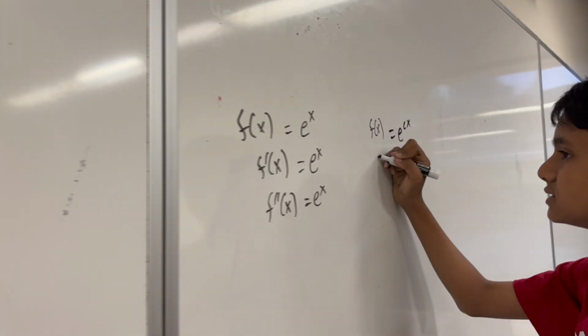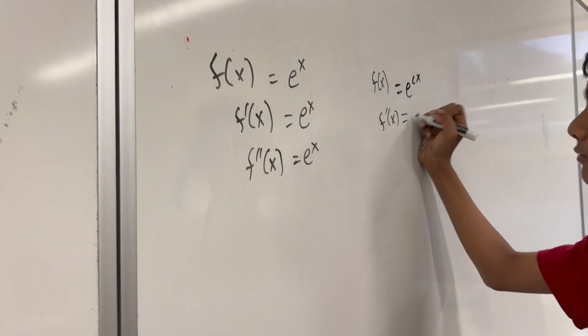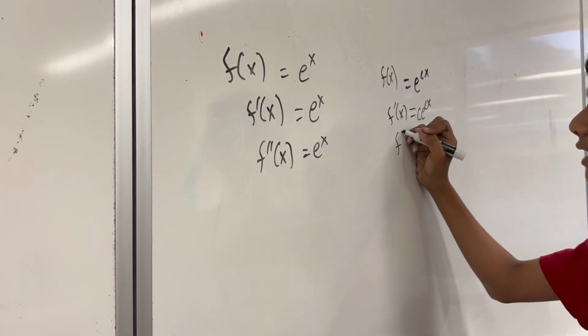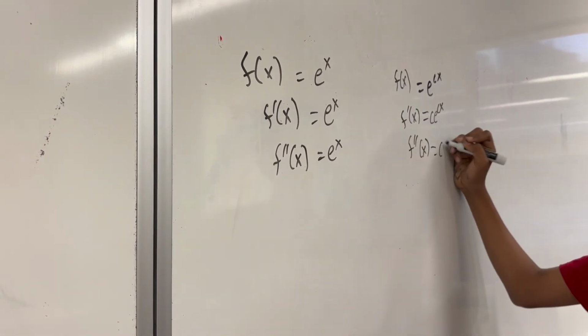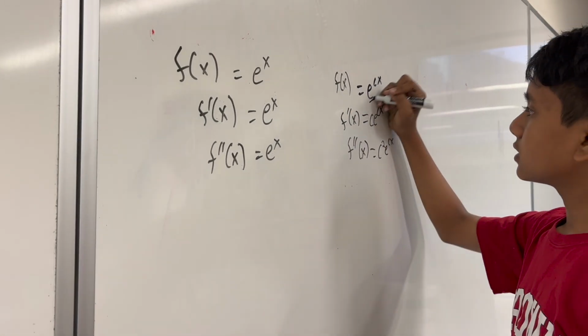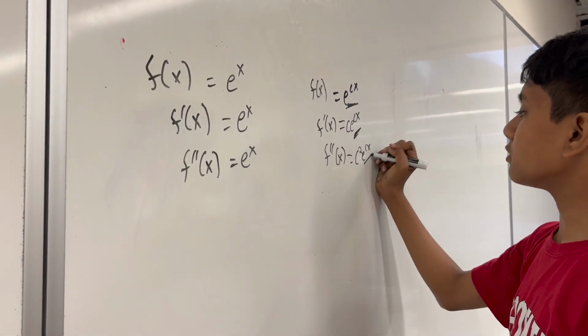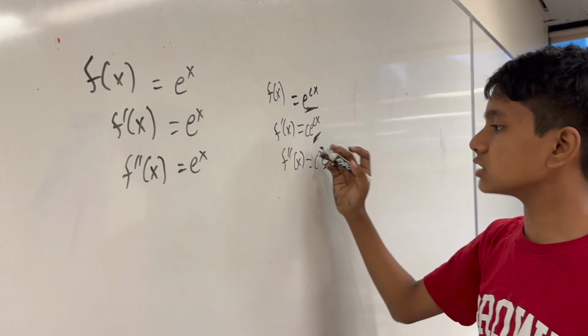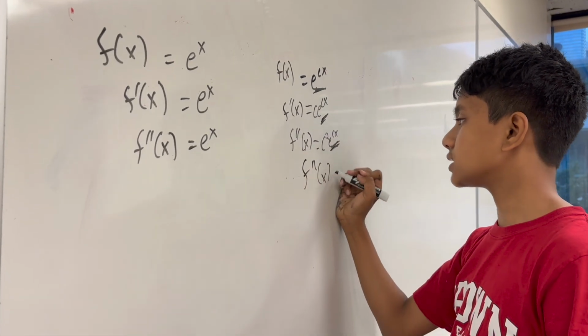So if we have e to the cx, then f prime of x equals c e to the cx, f double prime of x equals c squared e to the cx. The main thing to care about is always the same. It's just the constants that change in every single iteration.